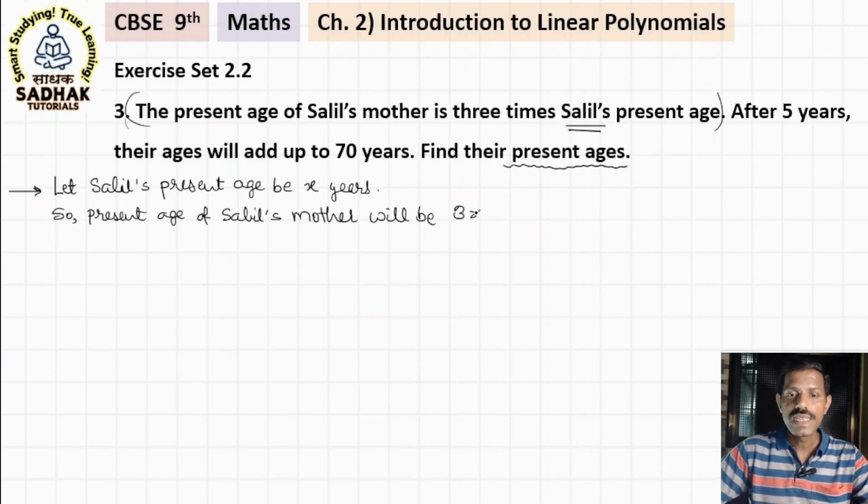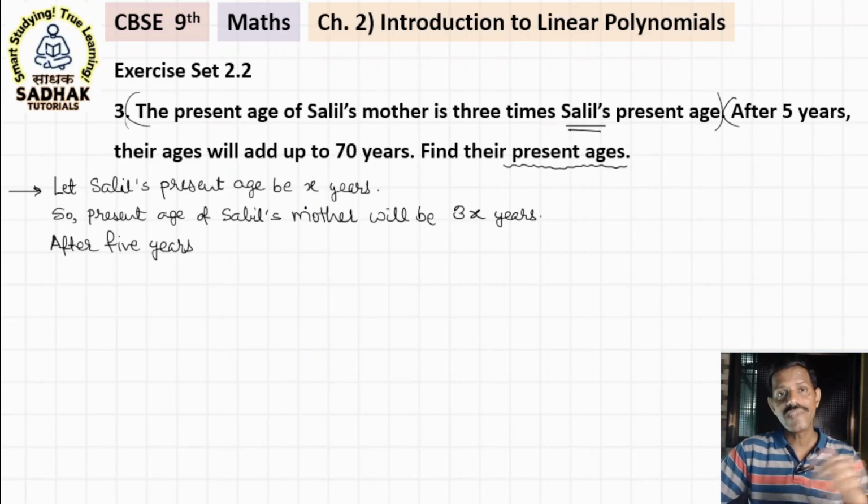So it is 3x years. Okay, 3x years. Fine. Now let's look at the second sentence. After 5 years, their ages will add up to 70 years. Okay. So after 5 years, what will be the ages of Salil and his mother?